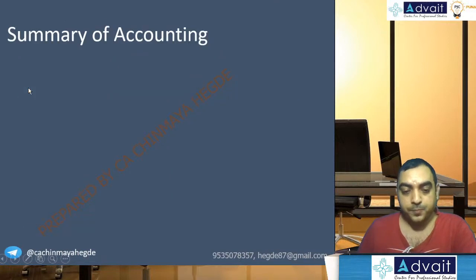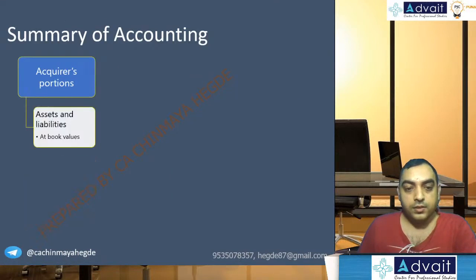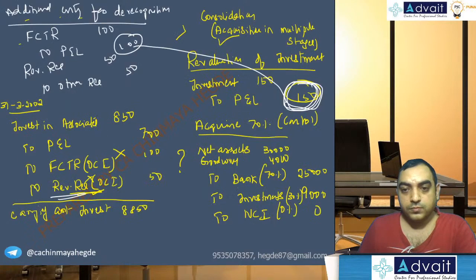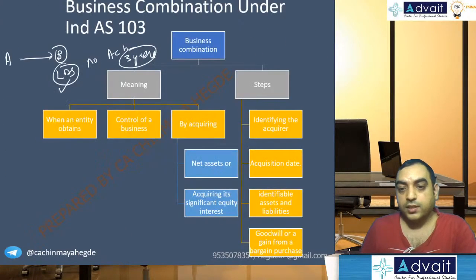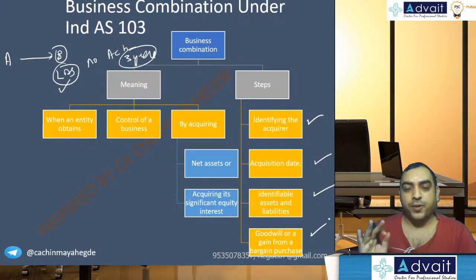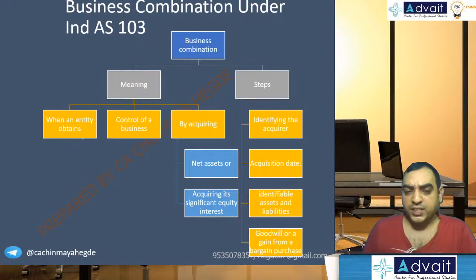Coming to steps. The standard says first you have to identify the acquirer, then the date of acquisition, identify the assets and liabilities, then compute the goodwill or gain on bargain purchase. That's what the institute says, but I will come to this point.